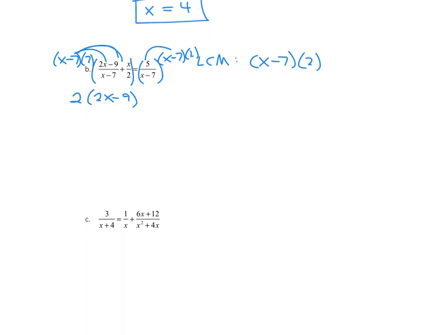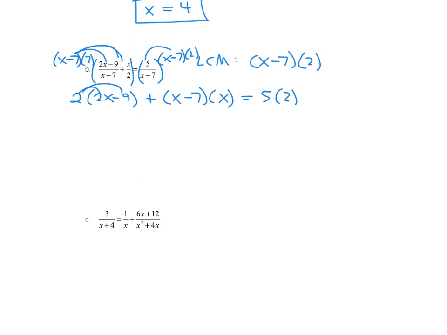So I get plus x minus 7 times x. And then when I multiply on the right side, the x minus 7s cancel, but not the 2, so we get 5 times 2. And then we go from there.